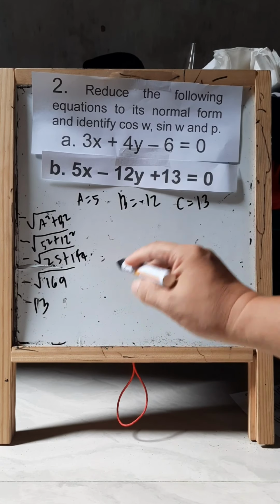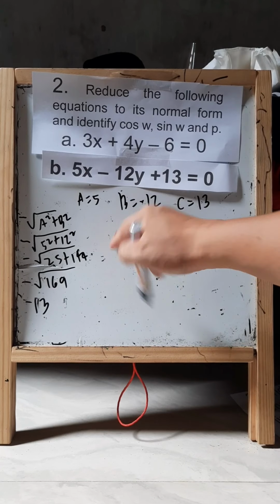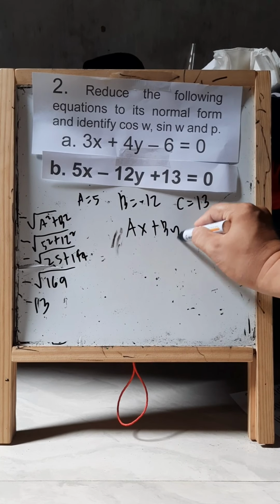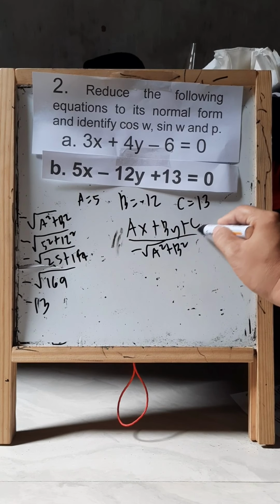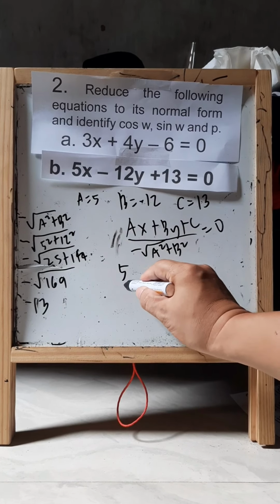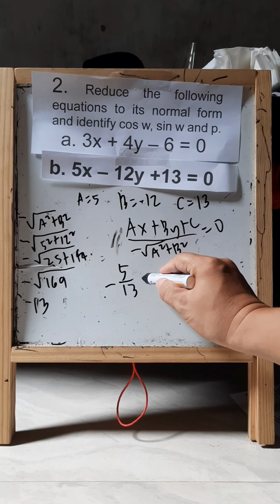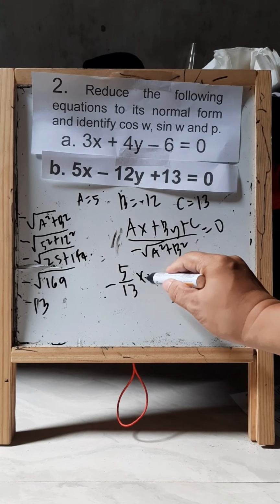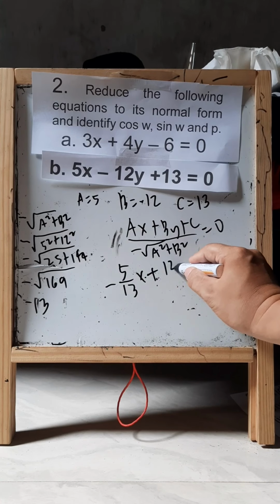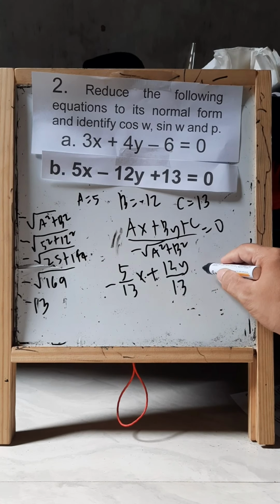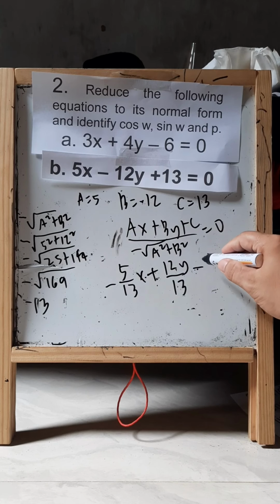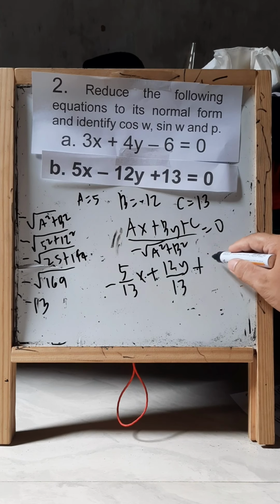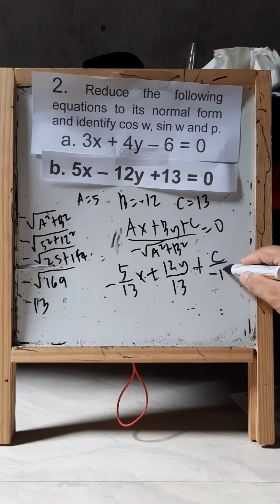Negative 13. So the normal form is Ax plus By plus C over square root of a squared plus b squared equals 0. So we have negative 5 over 13x plus 12y over 13 plus c over negative 13 equals 0.